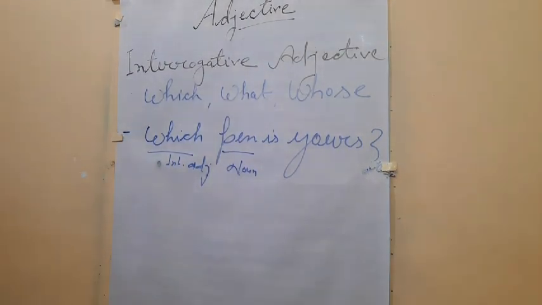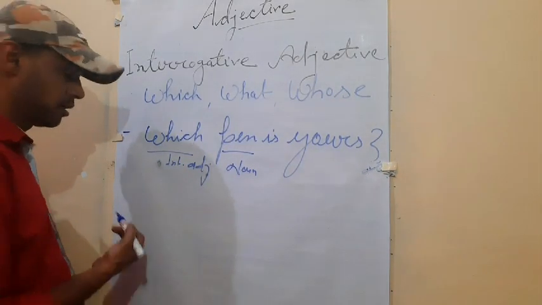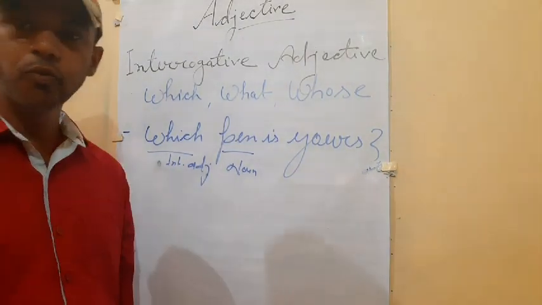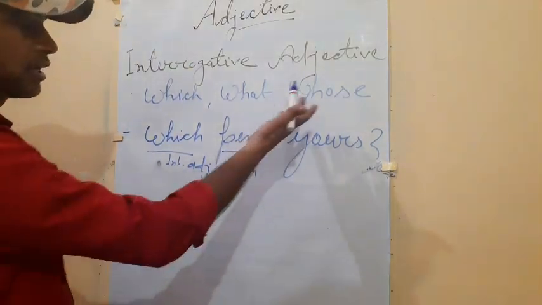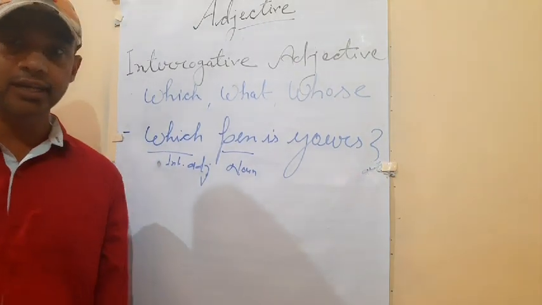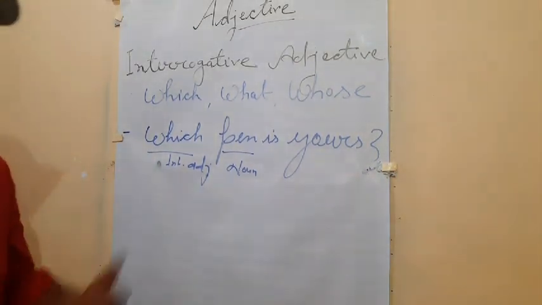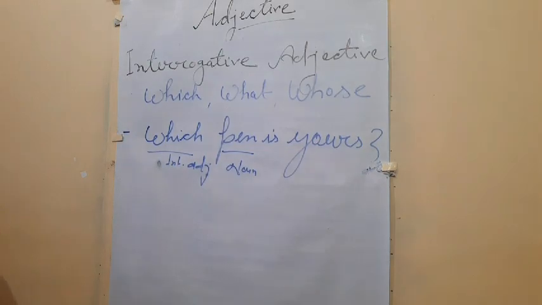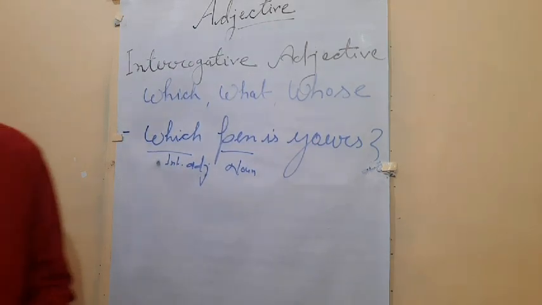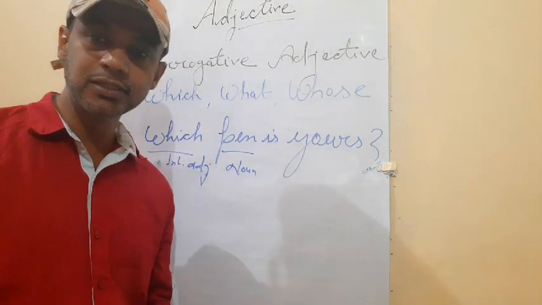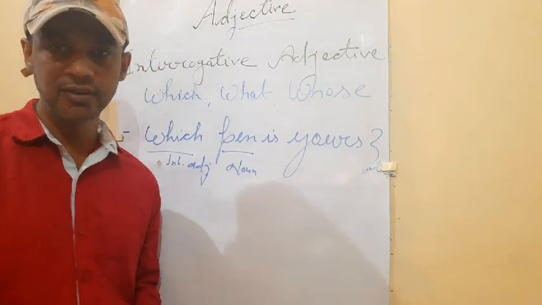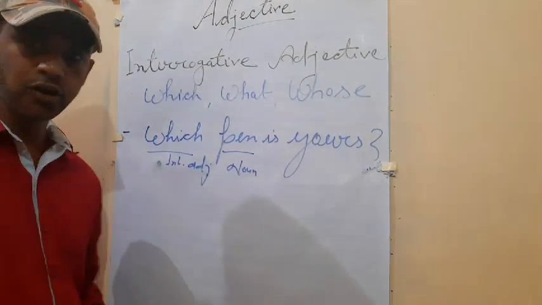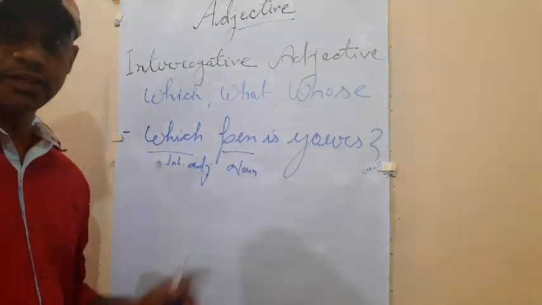Same thing, you can also make it with what: what book do you want to read. With whose: whose book is yours, that can also be made this way. Understand now? I may say whose notebook is this, so whose notebook is a noun, so whose will be an interrogative adjective. Got it now? I think now you understand the interrogative adjective.